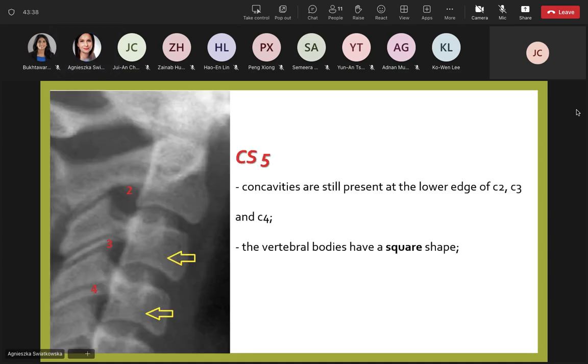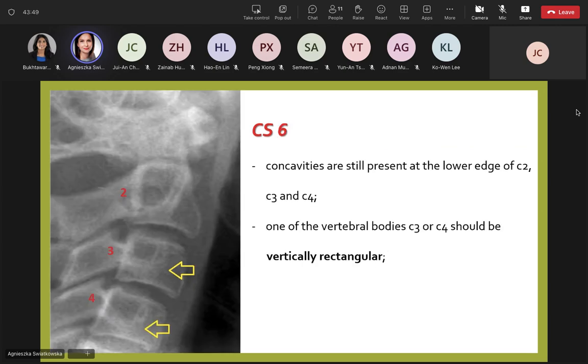Here we have, in stage 5, the shape of the vertebra is almost square, and still the concavities are on the same vertebra. And in stage 6, we see that the shape of the vertebra is vertically rectangular. So the height of the vertebra is bigger than the width of the vertebra.